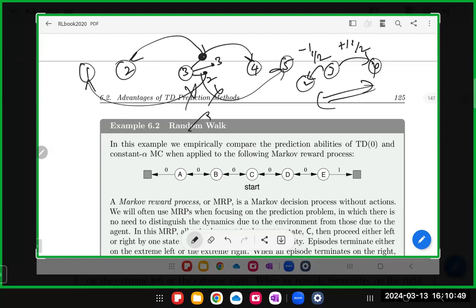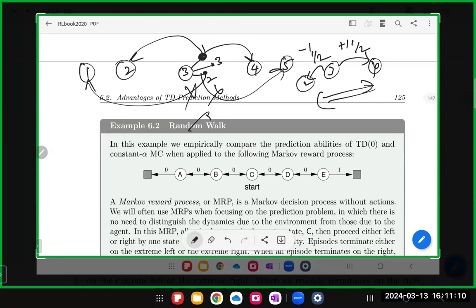If you are in state 3, how will you calculate the transition probabilities? No, no. It will just depend on the current state only. Otherwise, how will it be a Markov chain?